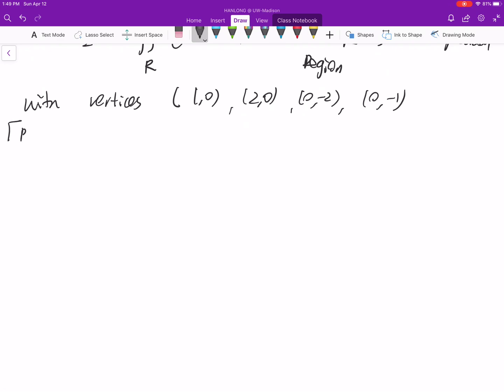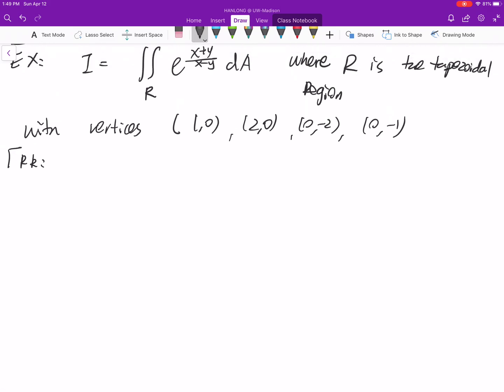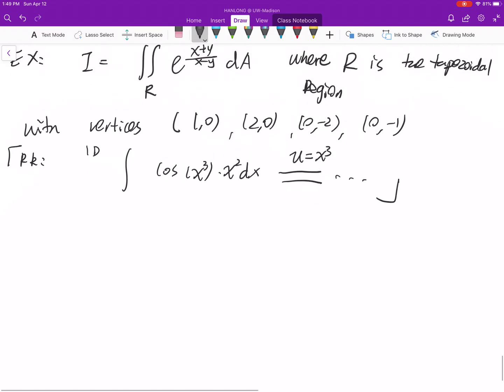So before we do the actual calculation, we make a remark. Think about 1D: suppose you have the integral of cosine of x cubed times x squared dx. What's your strategy to compute it? You set u equals x cubed because you want to simplify the most complicated function, right? And the same idea here.